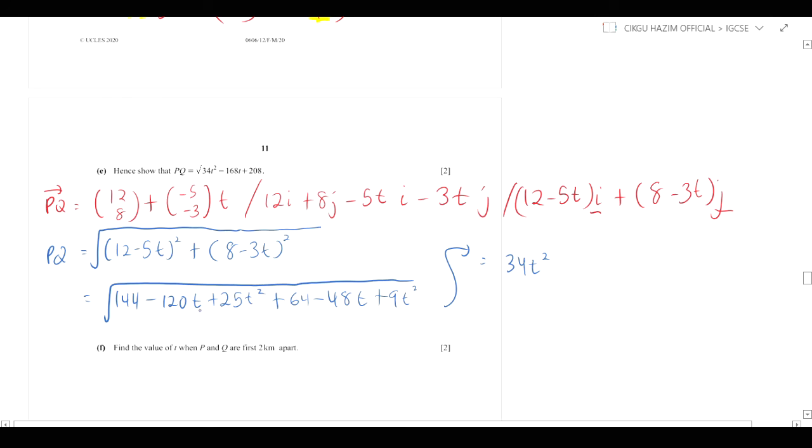Negative 120t and negative 48t become negative 168t. 144 plus 64 is 208. That's how we prove that PQ is this.